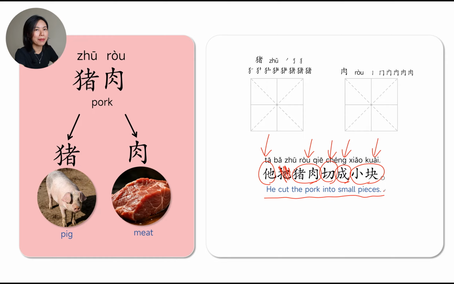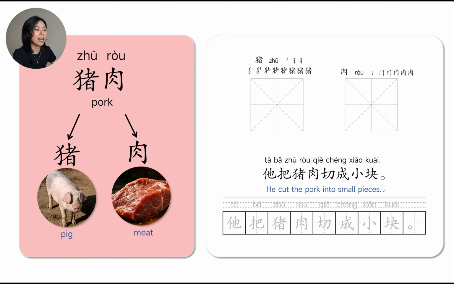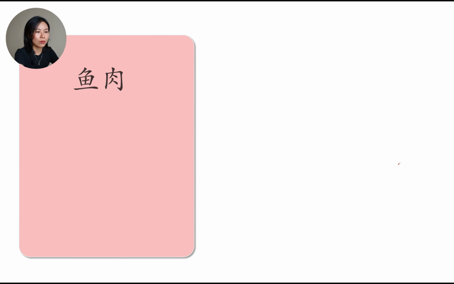It's a sentence that makes sense, but it just sounds not so natural. So if you want your Chinese to sound more natural, it's better to use the 把 in the sentence. The whole sentence, let's read it again. 他把猪肉切成小块. Next one, 鱼肉. 鱼肉 fish meat.